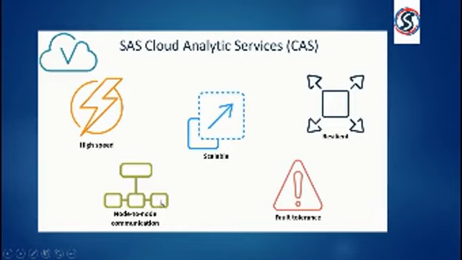The worker nodes have a backup with them, so situations like my data is missing or I'm losing my data don't happen. There is also fault tolerance, because what is fault tolerance?